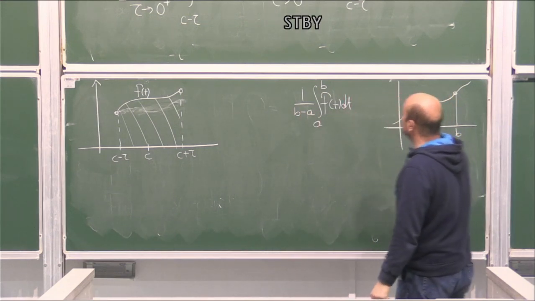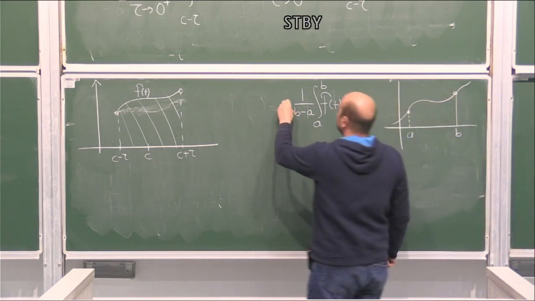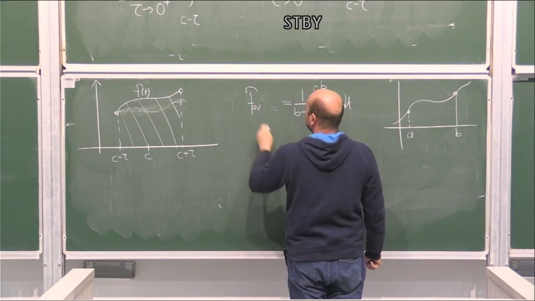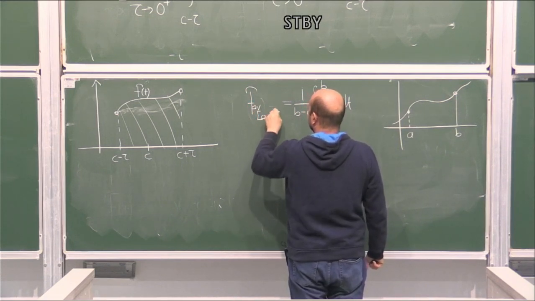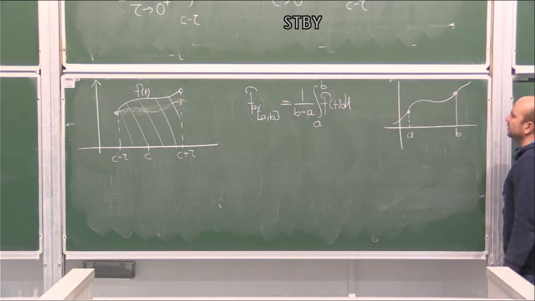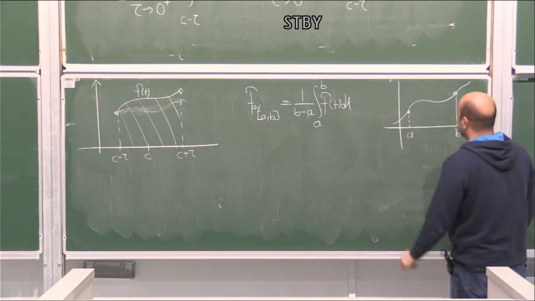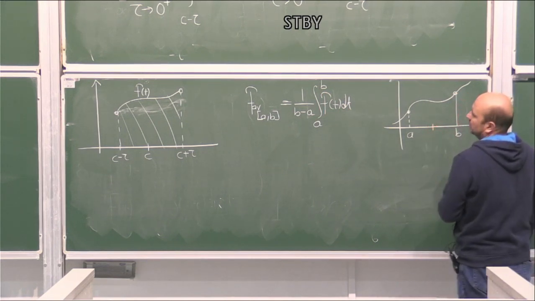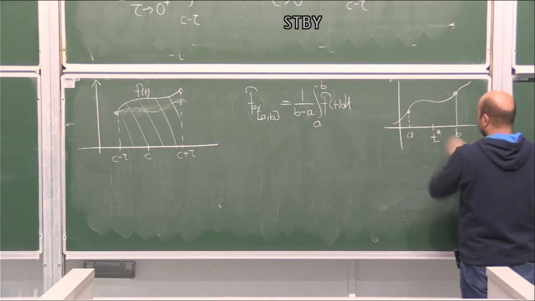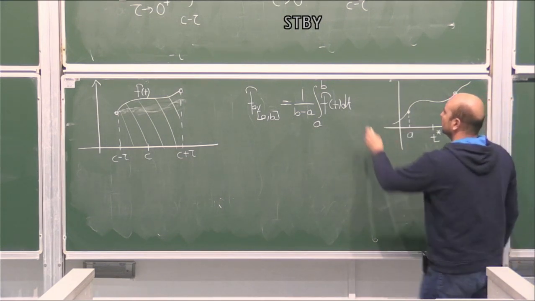This is called the mean value, or average value, of your function over the interval ab. Okay? And the mean value theorem for integrals says that if your function is continuous, there is a special point, t star, which takes the mean value.